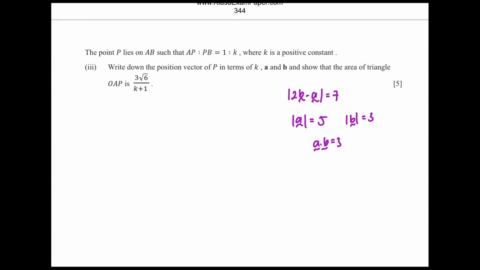Then minimally you should get the position vector for P first.